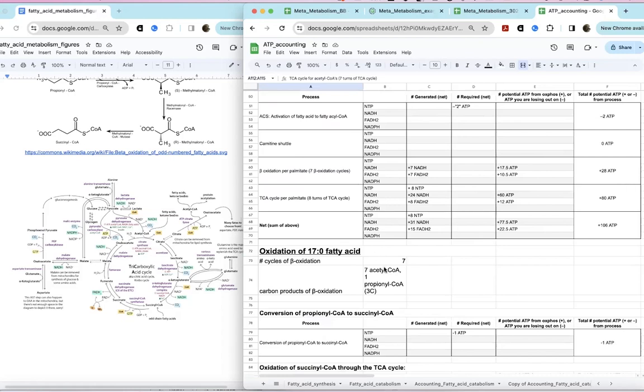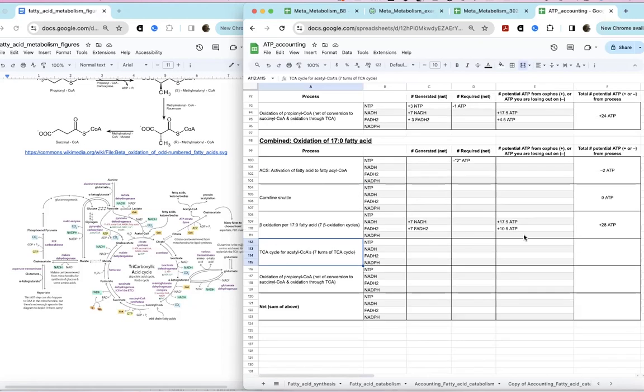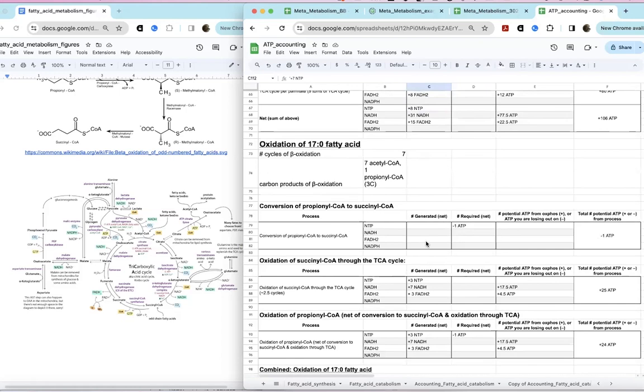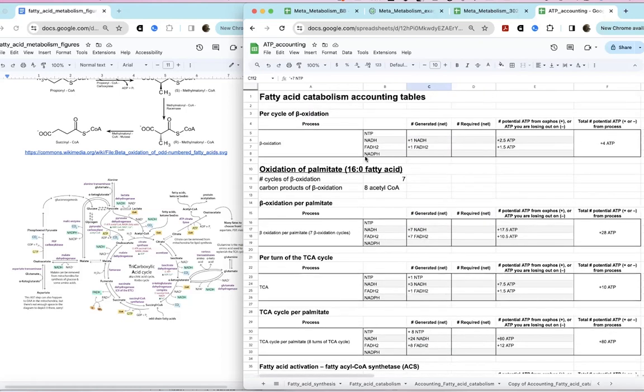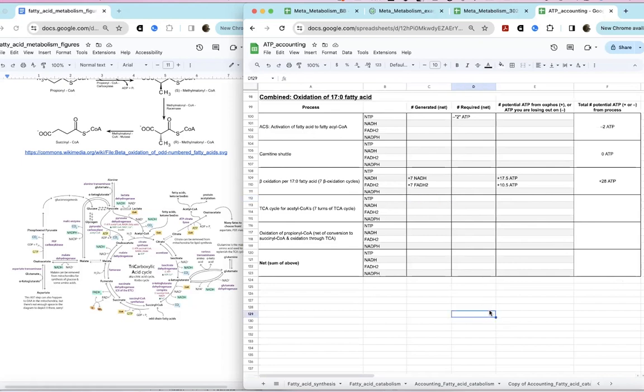We only get 7 acetyl-CoA, but we also get the propionyl-CoA. But if we're just considering our acetyl-CoAs, and then we consider the propionyl-CoA separately, we're going to have 7 turns of the TCA cycle. Going back to the beginning, we saw that per turn of the TCA cycle, we're going to generate a potential of 10 ATP. So we just multiply all of those numbers by 7, and we get that we could generate 70 ATP from that process.